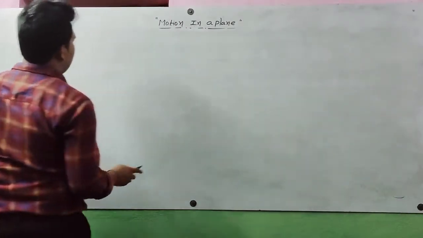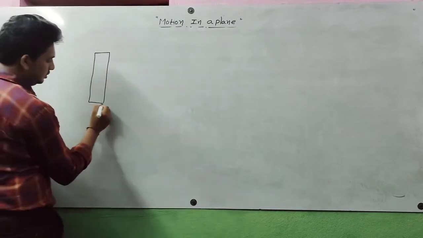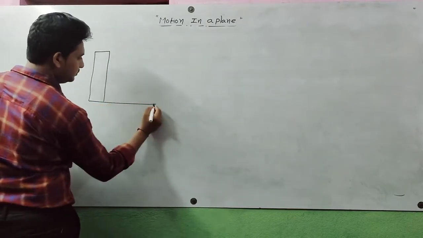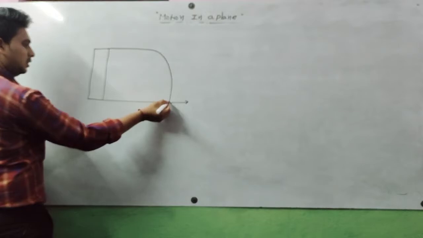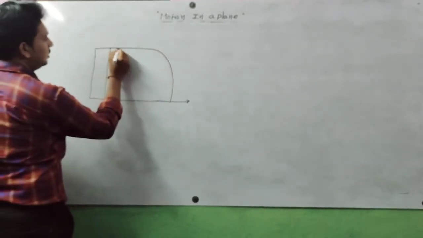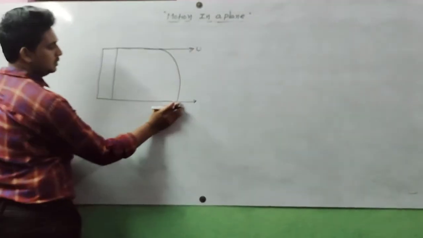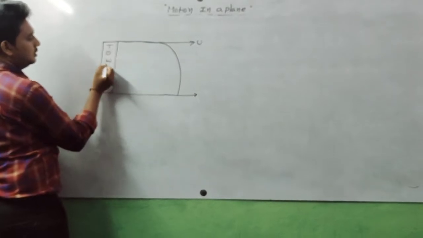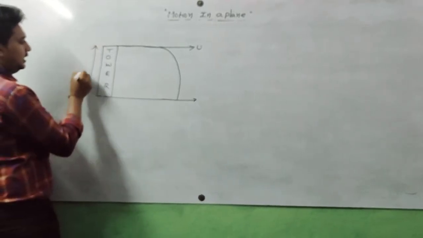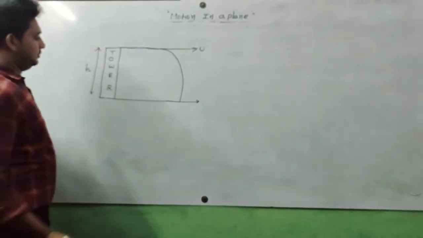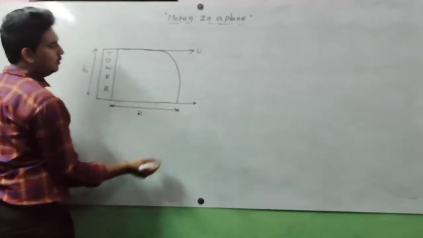So first of all, I draw the diagram. So this is here that I projected a body like this with velocity u from the tower of height h, and this is called range, foot of tower 2, where the body lands.